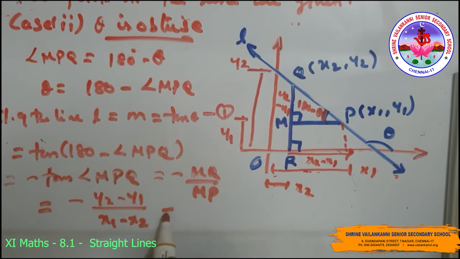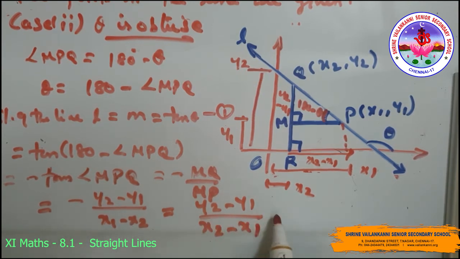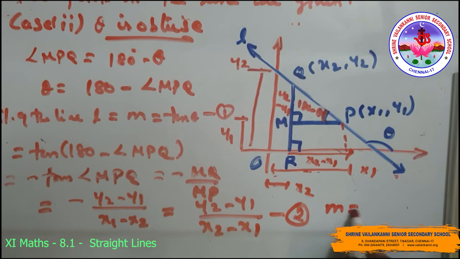We can rewrite this equation as y2 minus y1 by x2 minus x1, by multiplying the sign. Let's take this equation as 2. From 1 and 2, we get m equal to y2 minus y1 by x2 minus x1.